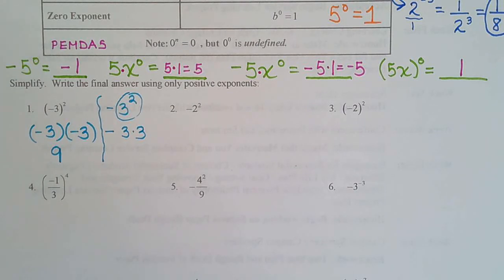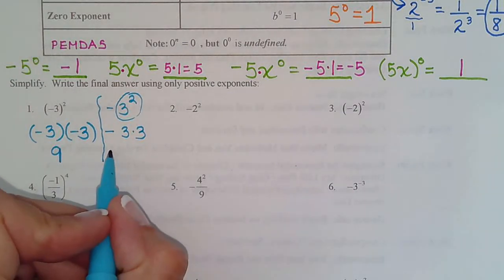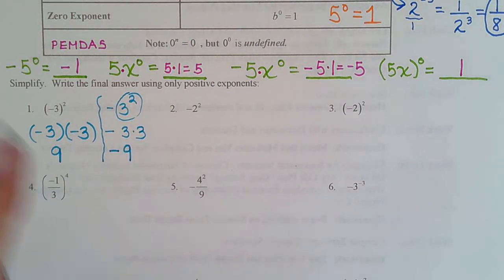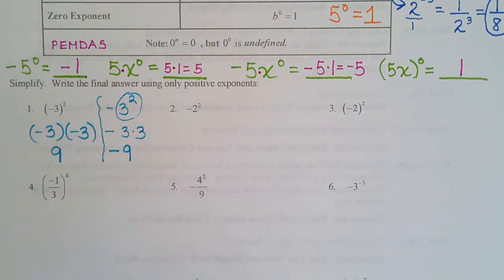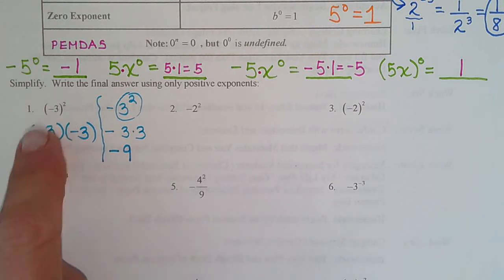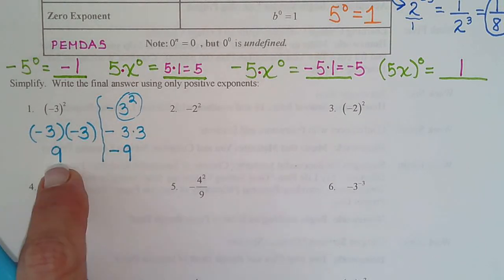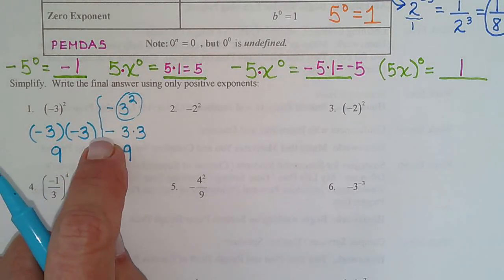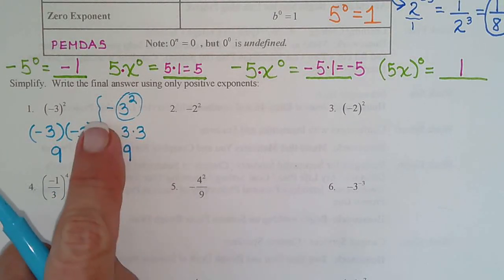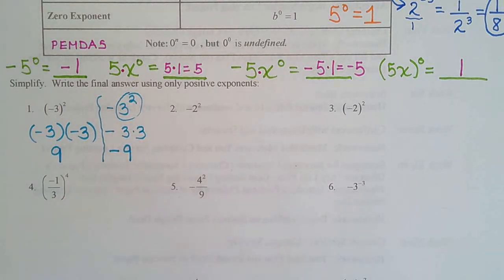So see the difference? And I cannot tell you how many students have no idea that those two are different. They treat these two problems the same every time they see them, and they are not the same. So negative 3, positive 9. The opposite of 3 times 3, which is 9. Change your sign.